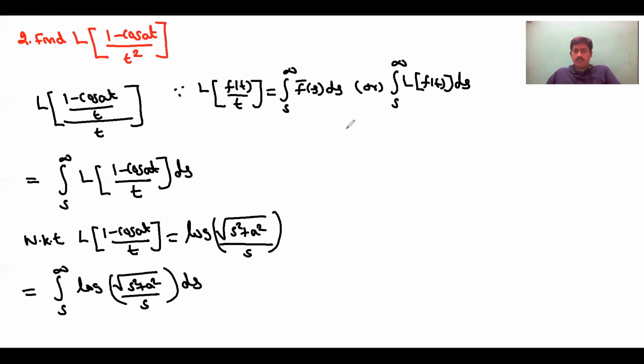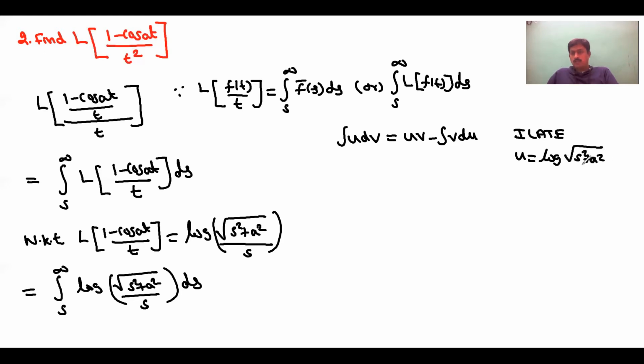To integrate this, we are going to apply the by parts form, that is the integral of u dv equals uv minus the integral of v du. By using the by parts form, I am going to fix u as log of square root of s square plus a square by s, and dv as ds.